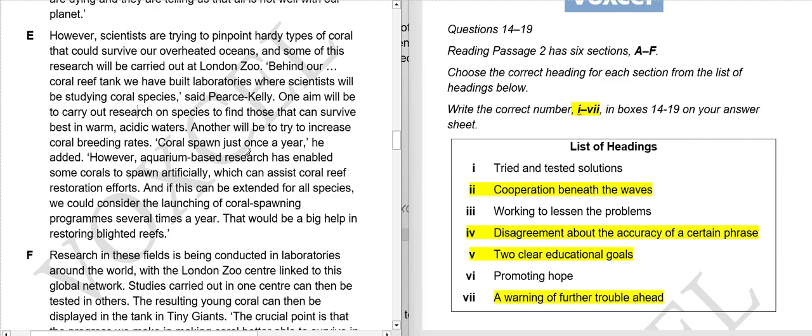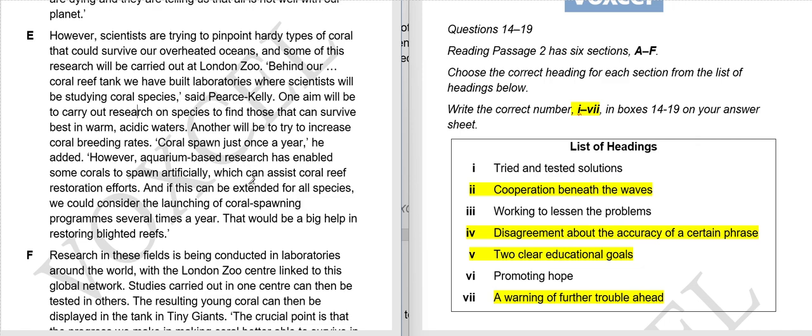Coral spawn just once a year. So meaning to say they lay eggs just once a year or produce their young ones once a year. He added, however, aquarium based research has enabled some corals to spawn artificially, which can assist coral reef restoration efforts. And if this can be extended for all species, we could consider the launching of coral spawning programs several times a year.